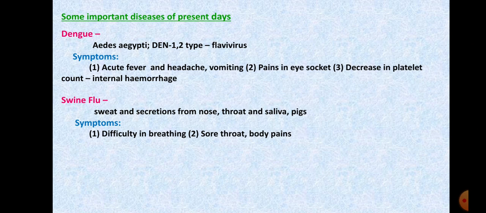The secretion can be from nose, from throat, then through the saliva. And the symptoms of swine flu is the person feels difficulty in breathing, the throat gets sore, there is irritation in the throat, and the whole body ache takes place. So these are the symptoms of swine flu.